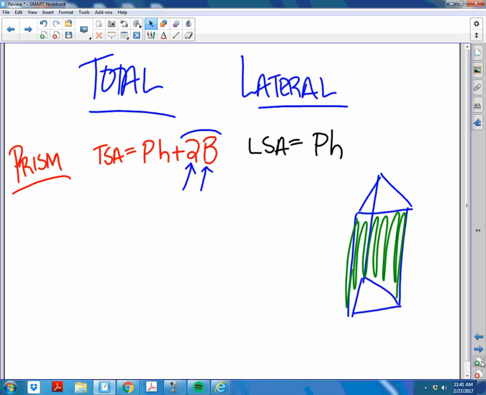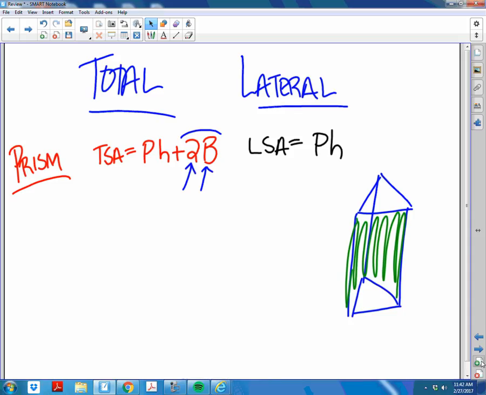Think about a stack of, you know, those old compact discs, the CDs that they used to have movies and stuff on them. If you think about a stack of CDs, the lateral surface area is the what? It's the outside part, right? No bases. What's the outside of a circle? The circumference or the perimeter, same thing. And then, how many of them are there? Well, it depends on how high it is.